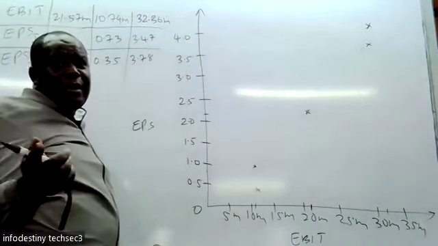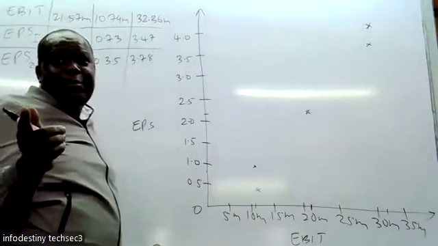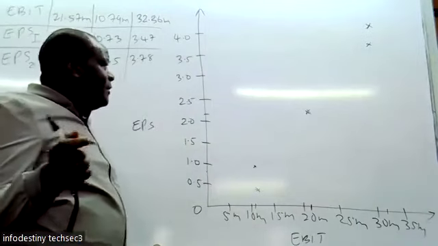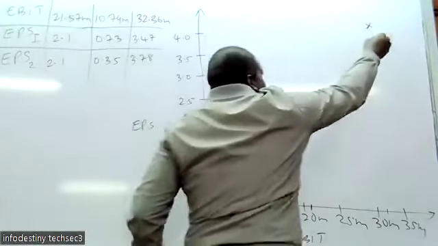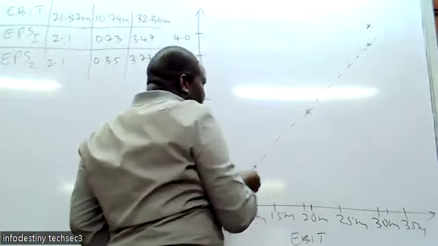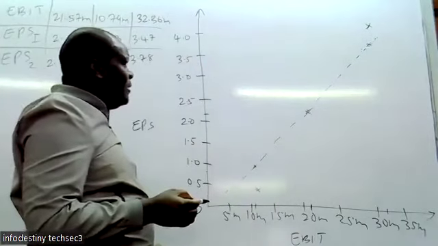So you draw using a ruler, because it is a linear equation. You join them using a ruler. The first one, just join them using a ruler. That will be option 1.